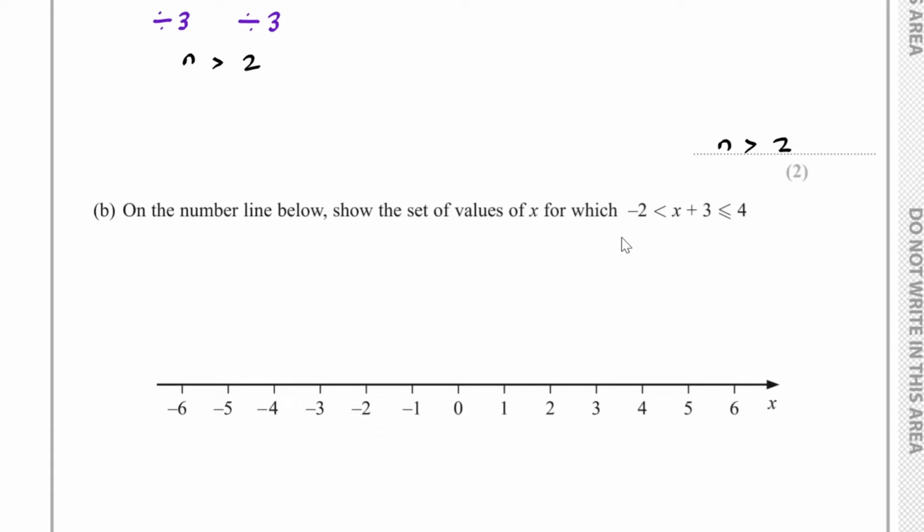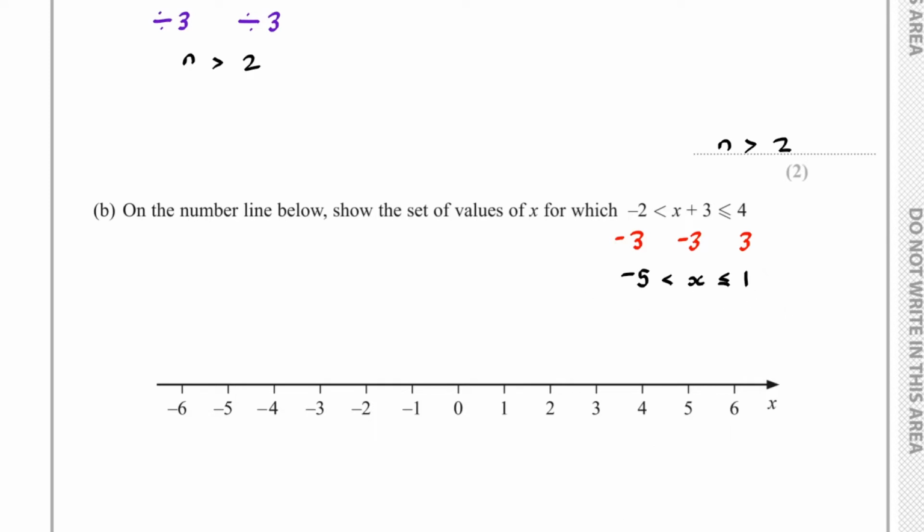I subtract 3 from minus 2, from 4, and from x plus 3, and we end up with minus 5 less than x, which is less than or equal to 1.